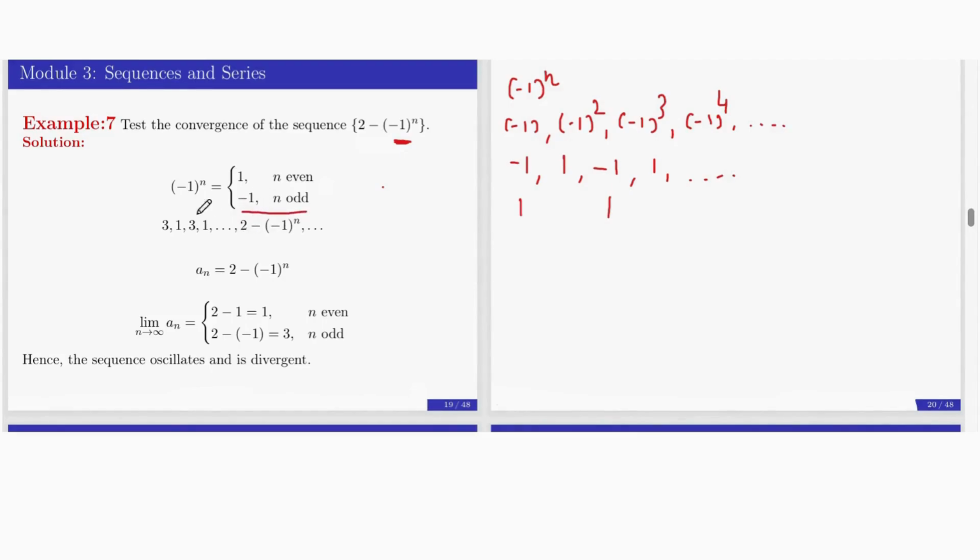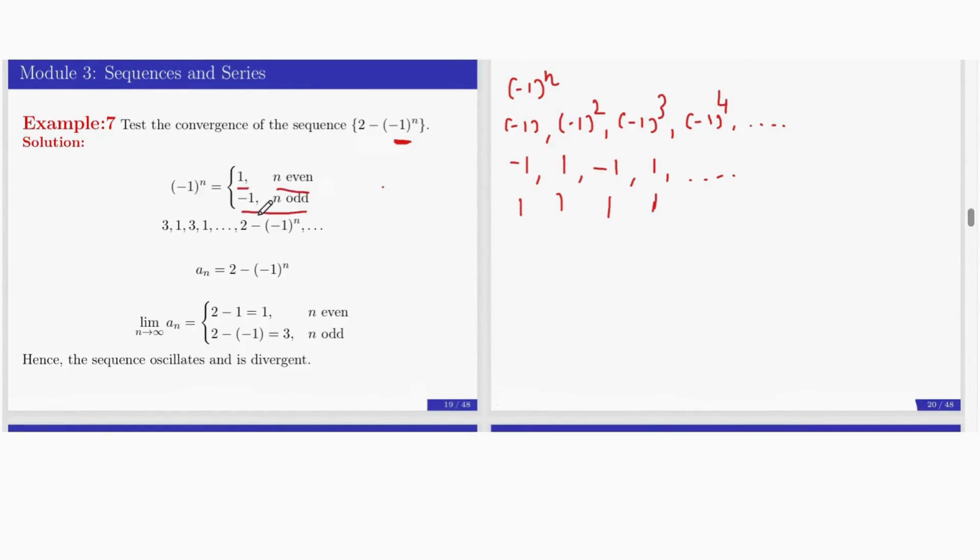And we get positive 1 for n equal to 2, n equal to 4, and so on. So we conclude that for n even, minus 1 raised to n is equal to 1.